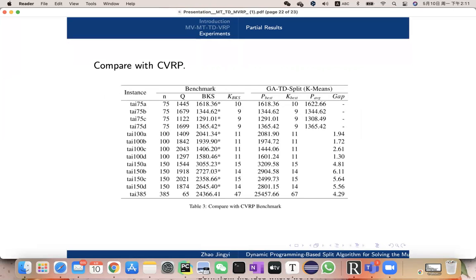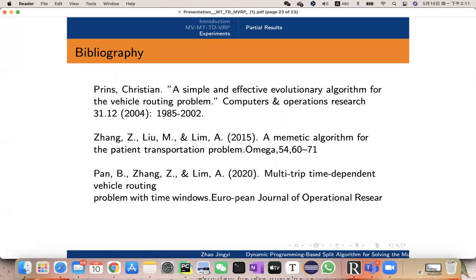So in conclusion, we consider two realistic variants of the vehicle routing problem, which are the multi-trip vehicle routing problem and the time-dependent vehicle routing problem. We first propose a multi-trip split algorithm to solve the multi-trip multi-vehicle routing problem based on the heuristic algorithm. And then we model and solve a new problem, the multi-trip time-dependent multi-vehicle routing problem.